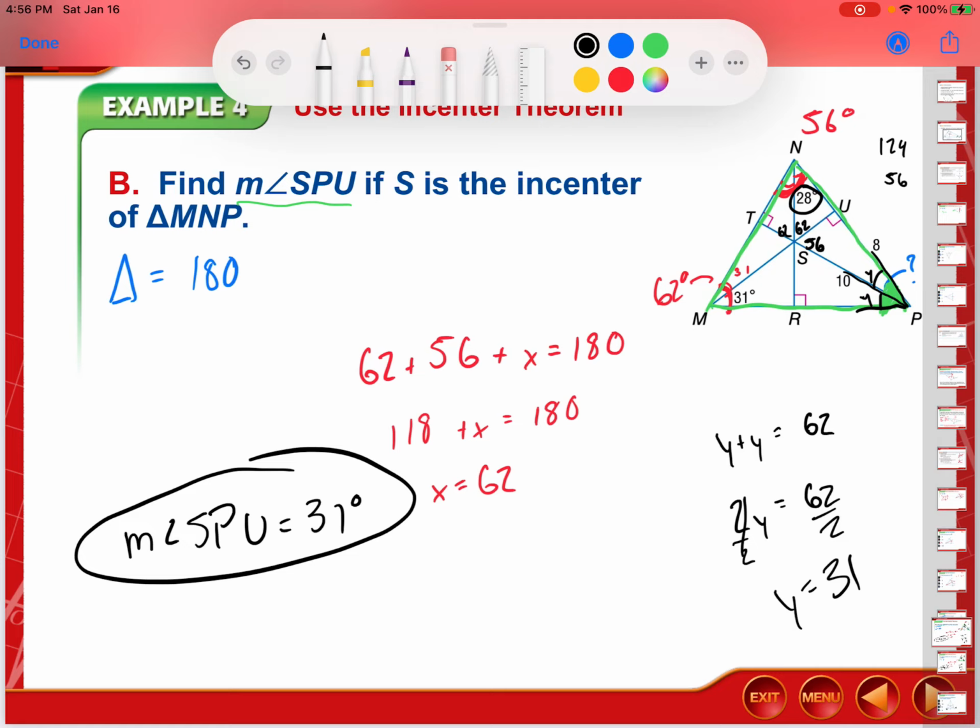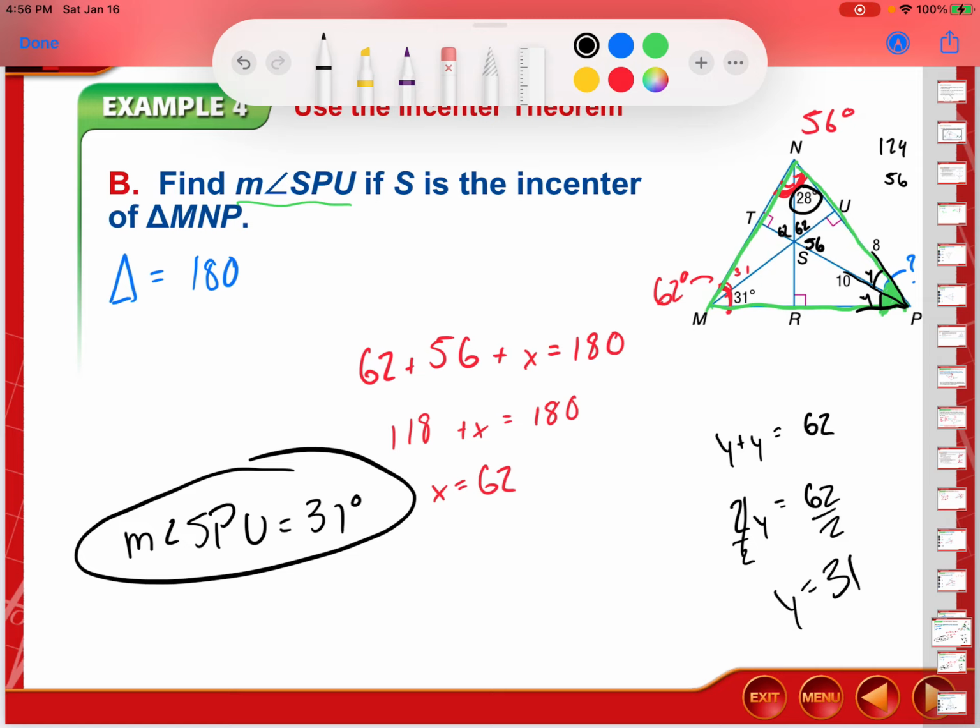Should be 34, shouldn't it? That's garbage.